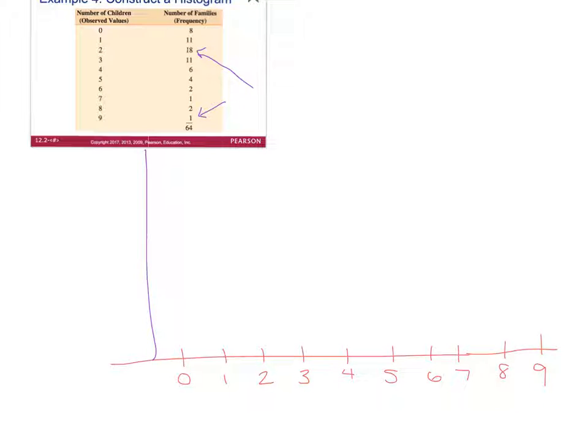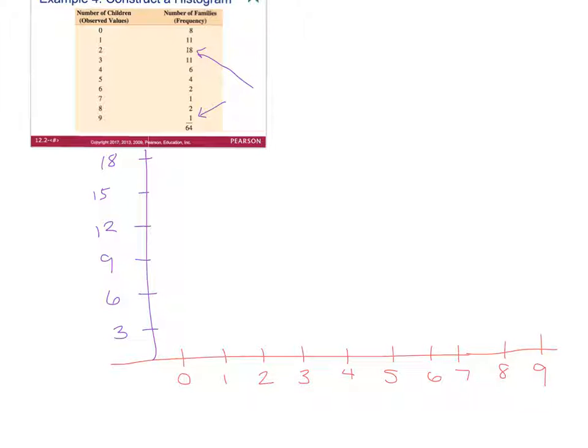Now I do have to start at 0. I probably don't want to count by ones if I'm trying to get up to 18, so I'm going to count by threes: 3, 6, 9, 12, 15, 18.